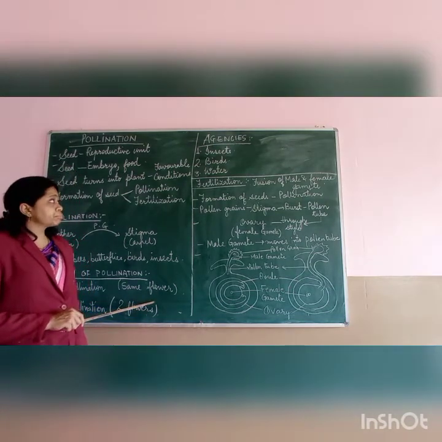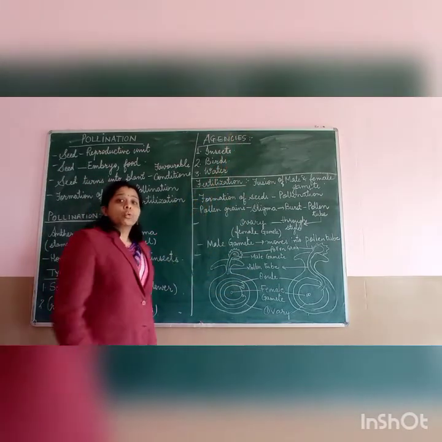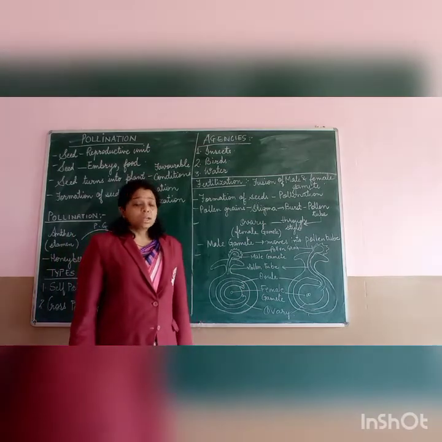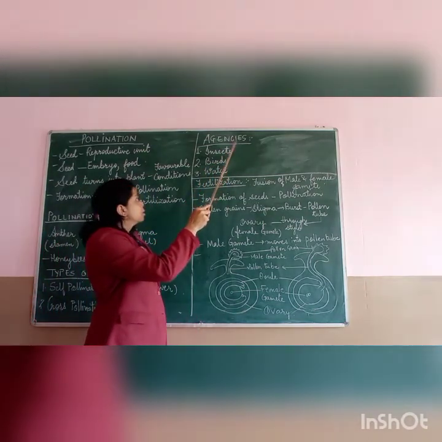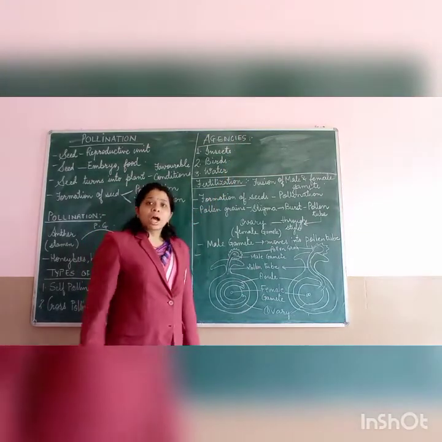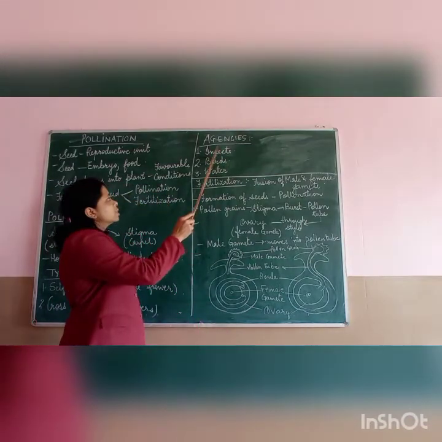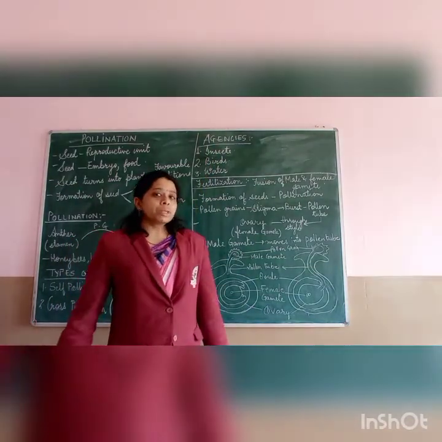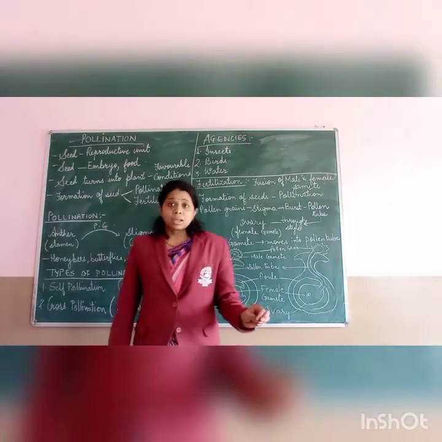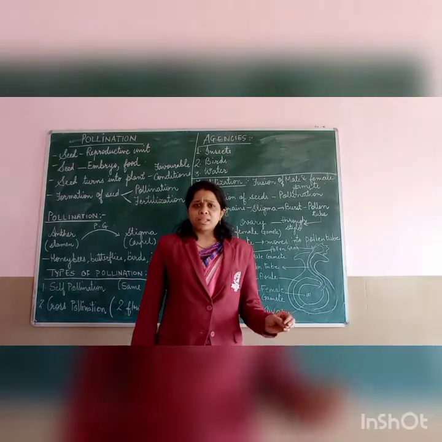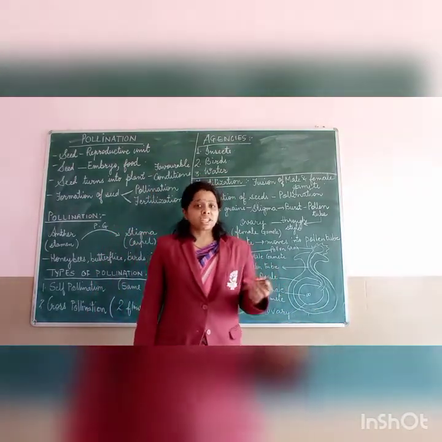Now, as I have already told you, there are some agents that transfer pollen grains. What are those agents? Insects, birds, water, and the most common, as you know, is wind. So, how do insects transfer the pollen grains? Various insects like honeybees and butterflies sit on the flower for sucking the nectar.